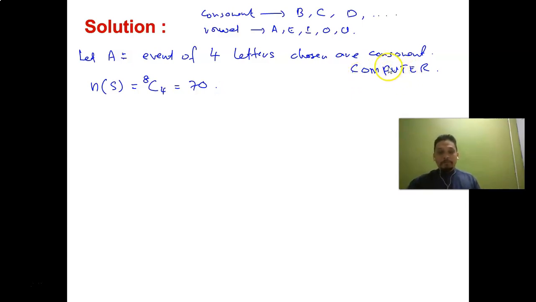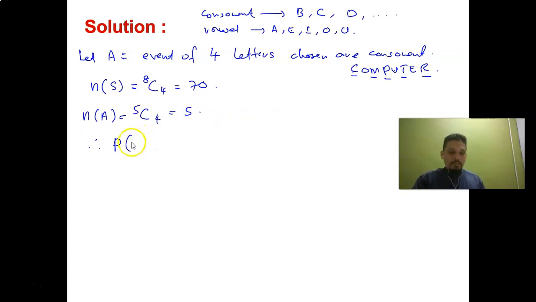Now, out of the 8 here, there are 5 consonants: 1, 2, 3, 4, and 5. So 5C4 equals 5. Then the probability of getting all consonants equals 5 divided by 70, which is 1/14. All 4 letters chosen are consonants.